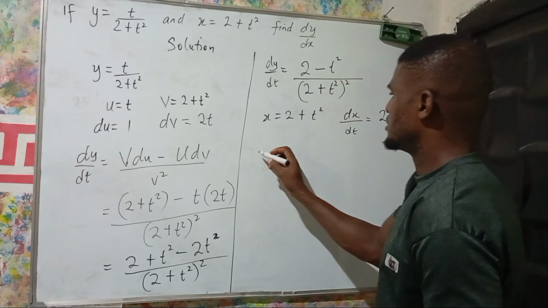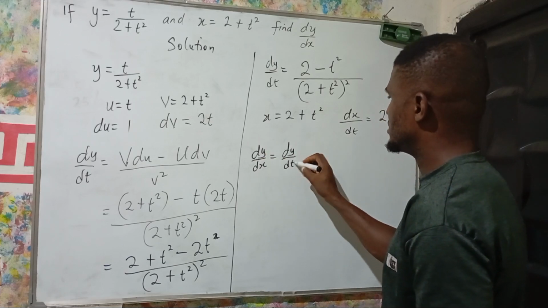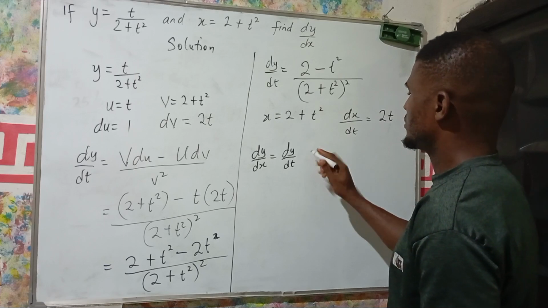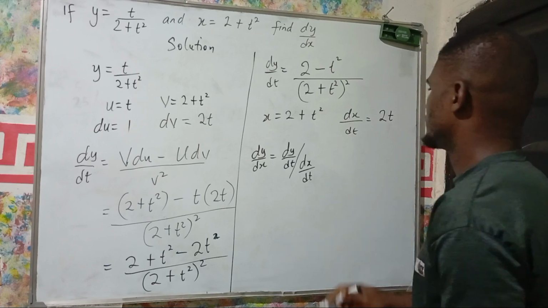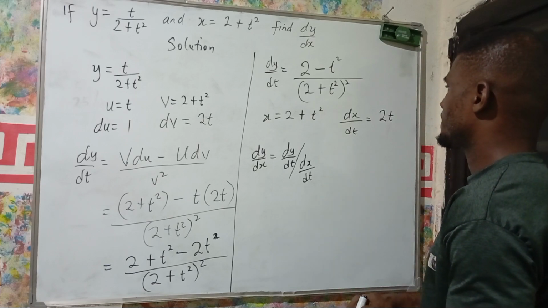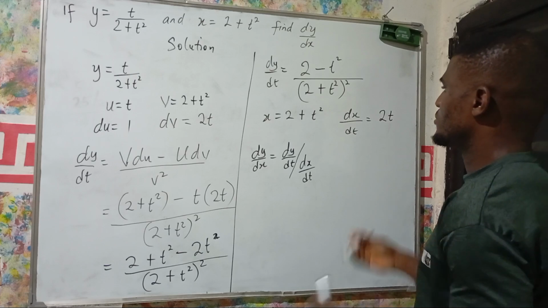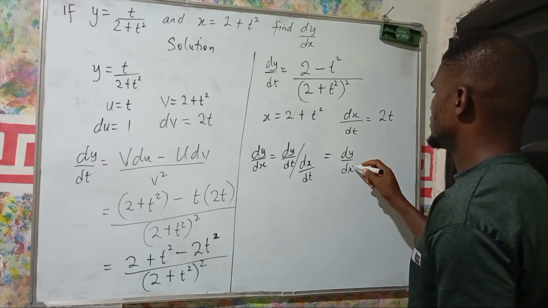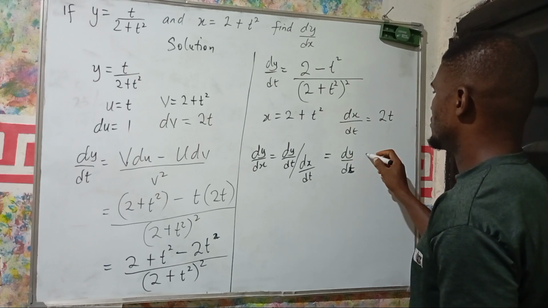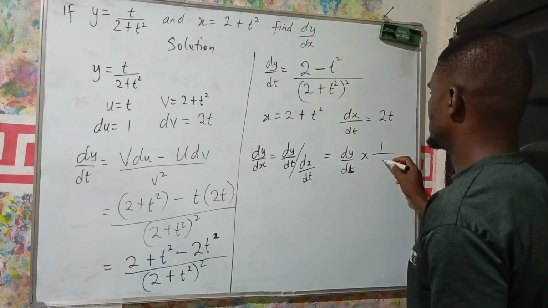Okay, so now our dy/dx will be the same as our dy/dt divided by dx/dt, which is the same as saying dy/dt times 1 over dx/dt.